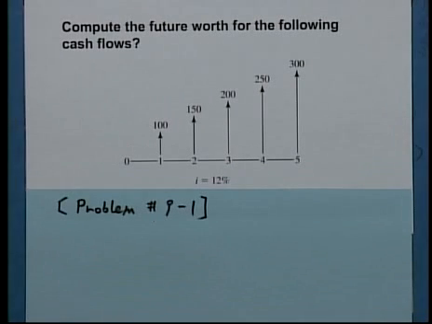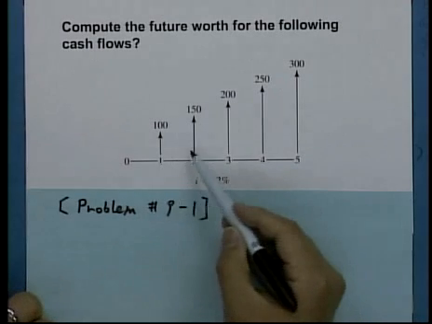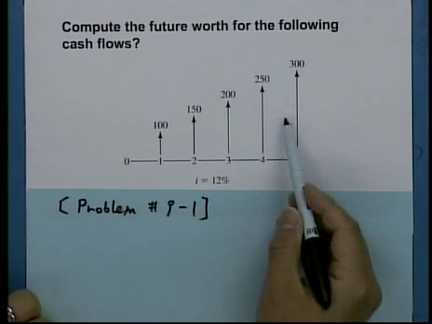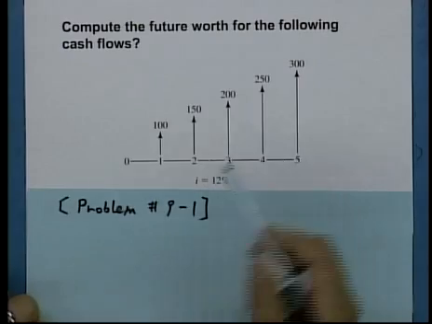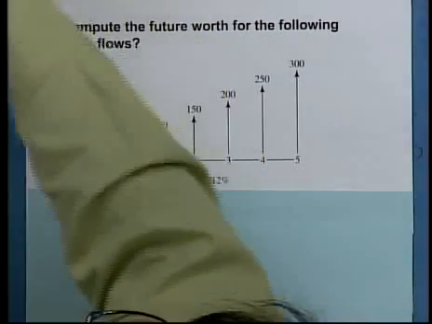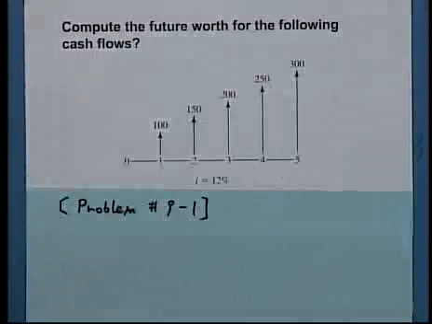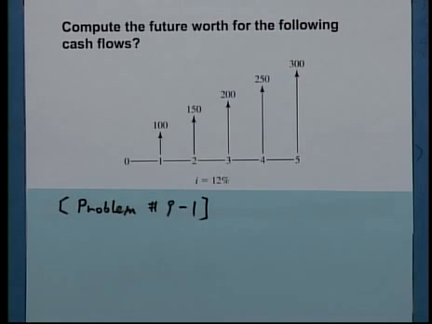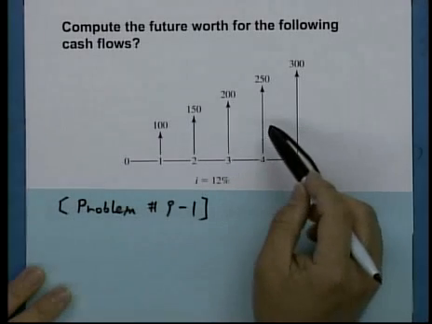If you look at the period by period change amount, it is $50. In Chapter 4, we learned about the arithmetic gradient series, where the cash flow has a constant amount of change each period, which is this case, right?